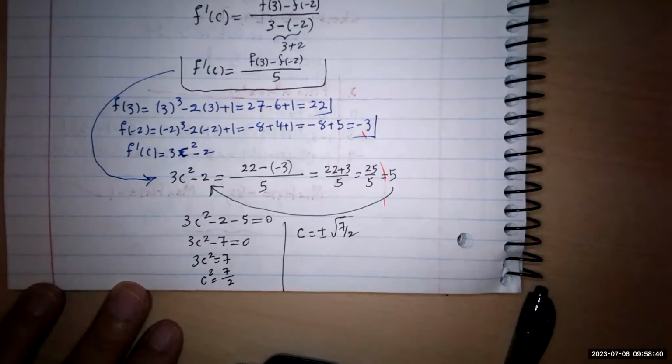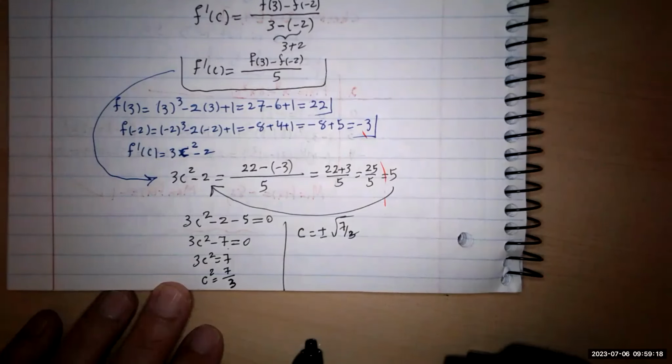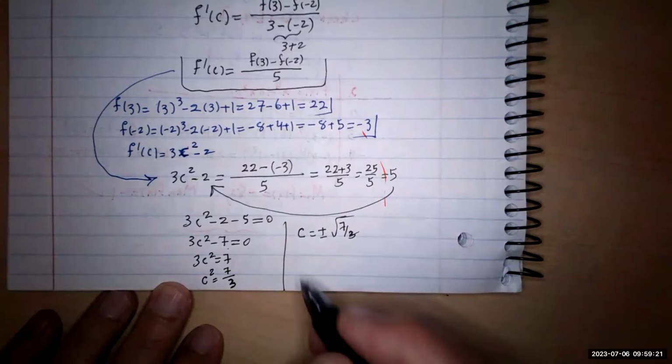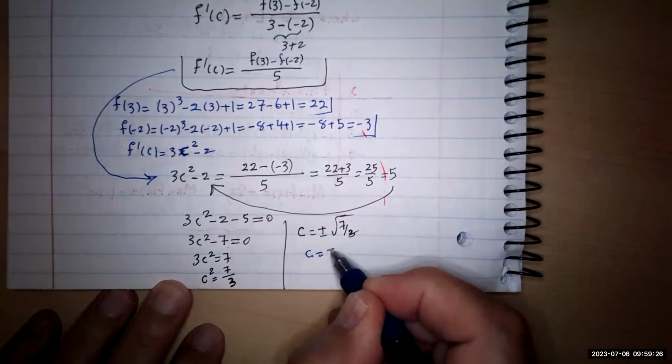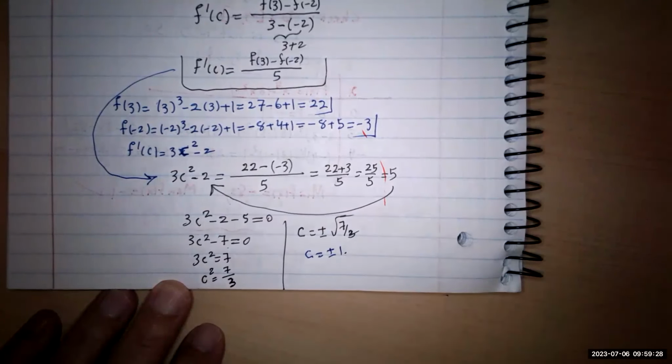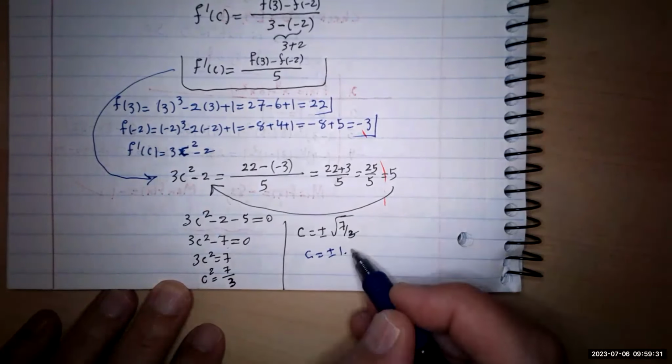So I have to do this again to check it. It's going to be 7 divided by 3 this time. That gives about 1.53, so c equals positive or negative 1.53.